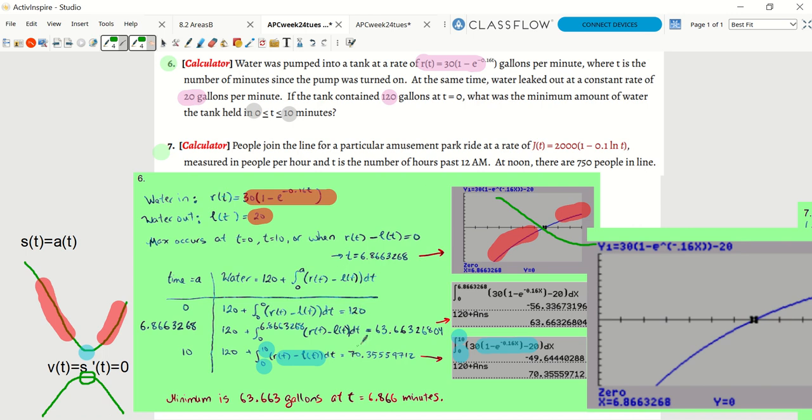So in actuality, it doesn't really matter whether I went a little too far in analyzing whether this 6.86 was the x value of a minimum or maximum location. We just need to see that this 63 is the smallest y value, therefore it is the answer. Now let's go ahead and look at number 7 real quick.